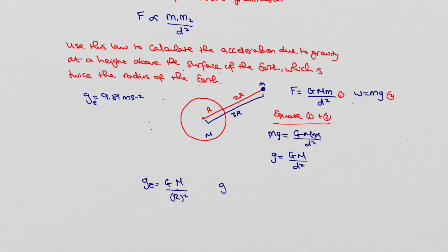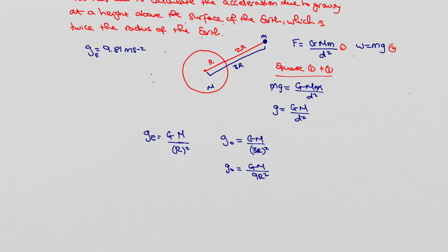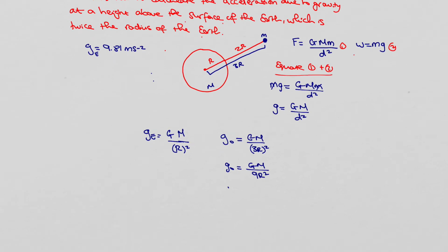If I'm looking at the object above the Earth's surface, then it's going to be GM over 3r squared. And of course, if I square that out, that gives me GM over 9r squared. Now, if we compare the Earth to the object, we notice that it's 1/9 of the value at the Earth's surface.